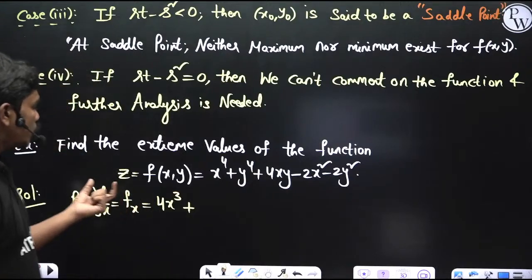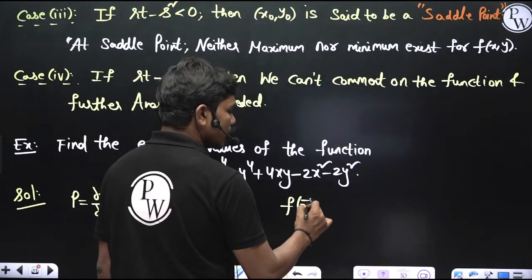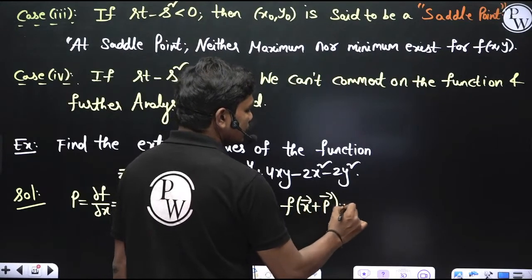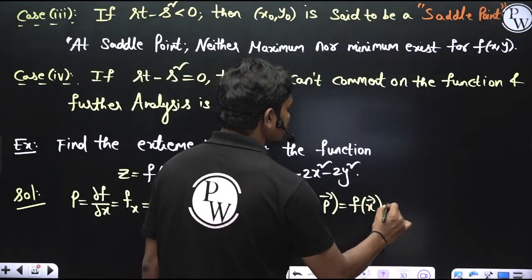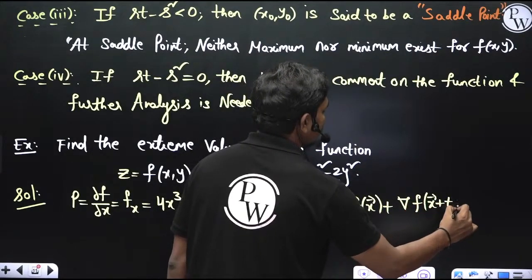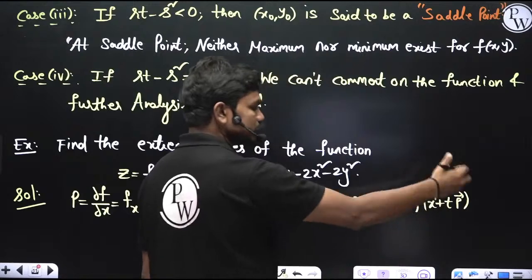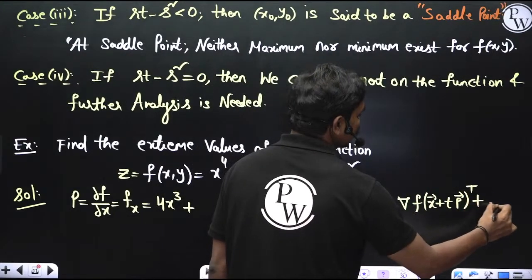Normally, as I think I told in the last class, if you expand this using Taylor series, it would be f of x plus gradient of f of x transpose times p, where p is the point about which you are expanding the series, plus and so on.